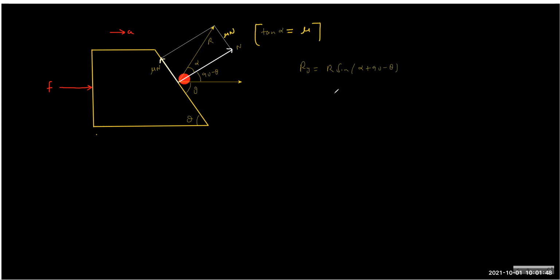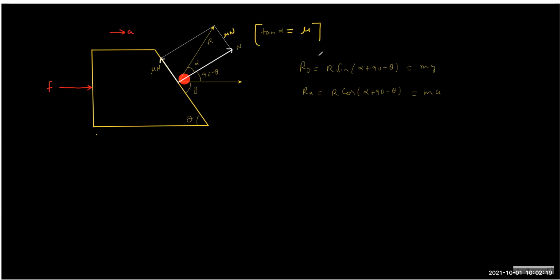Yes. And what is Rx? R cos (alpha plus 90 minus theta). I hope this is not very difficult. And we also know that Rx equals M into A, and we also know Ry equals Mg. Yes or no? Do you realize this fact?